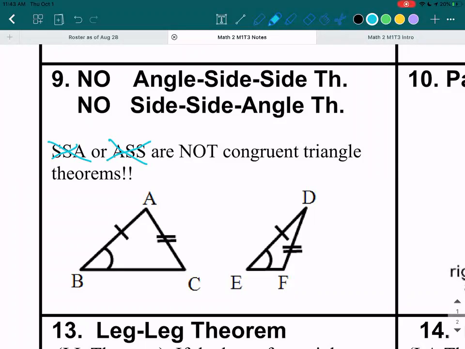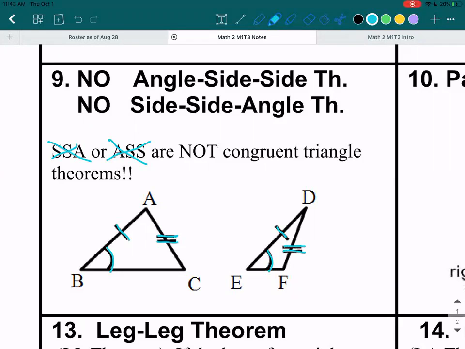And the reason for that is, take a look. If you have an angle that's congruent, great. You have a side that's congruent, great. But there's 2 ways that you can put that third side. So I'm just going to mark those as congruent. But do you see how those two triangles are like completely different triangles? So there is no such thing as the ASS theorem. It just doesn't exist. It's just wrong, okay?